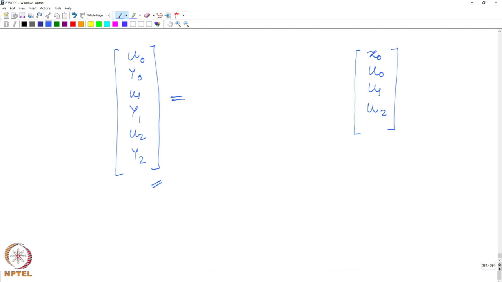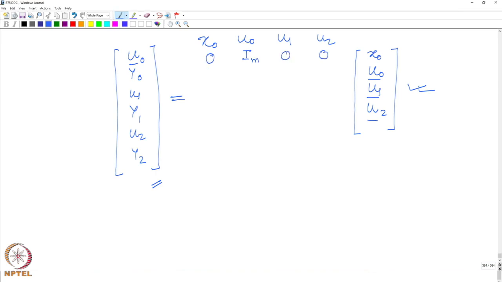Now, if I want to relate u0 with this vector, it is a matrix vector multiplication. It is going to be x0, u0, u1, u2. The first column gets multiplied by x0, the second by u0, the third by u1, the fourth by u2. I want u0, so this will be 0, identity of size m, 0, 0.